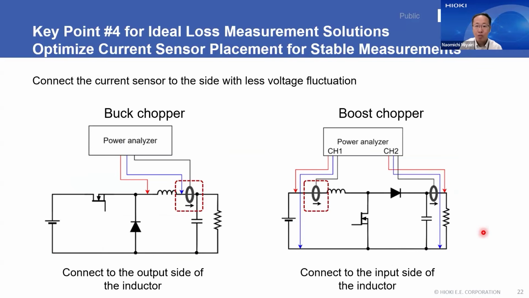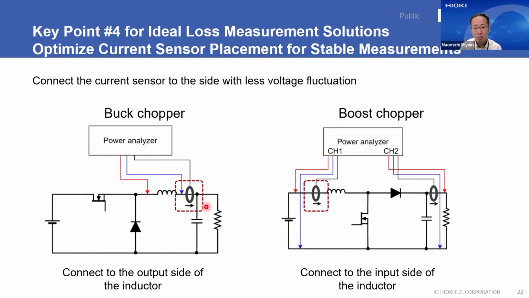In the case of a buck chopper circuit, the voltage at the input side of the inductor changes with each switching cycle, resulting in a waveform that contains high-frequency components. In contrast, the voltage at the output side of the inductor is the output DC voltage, so there's much less fluctuation.